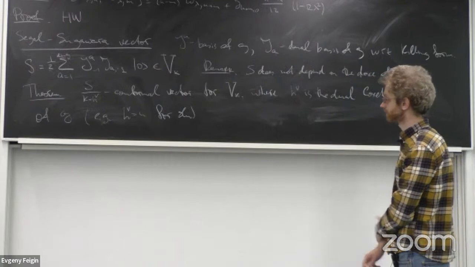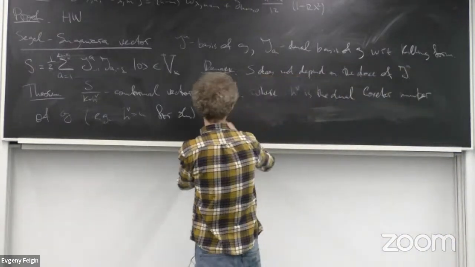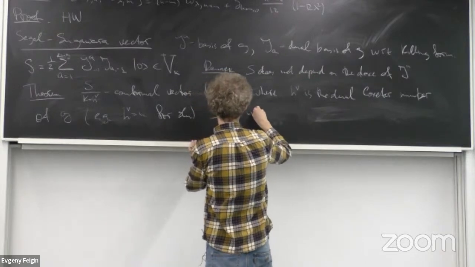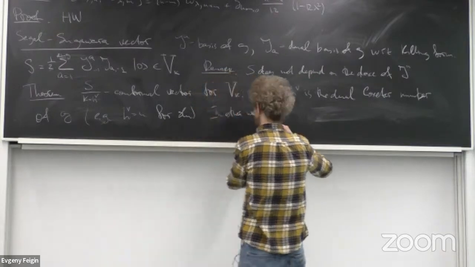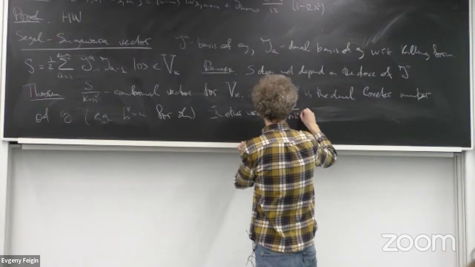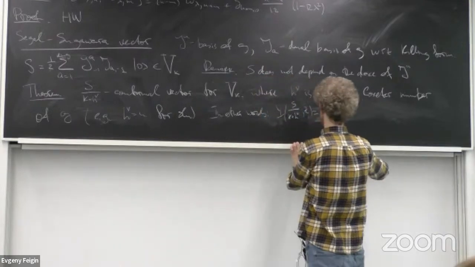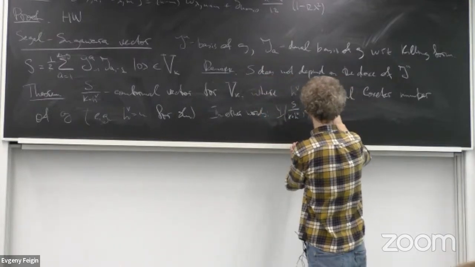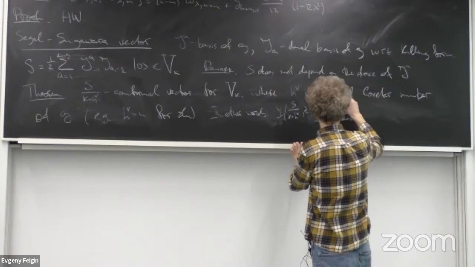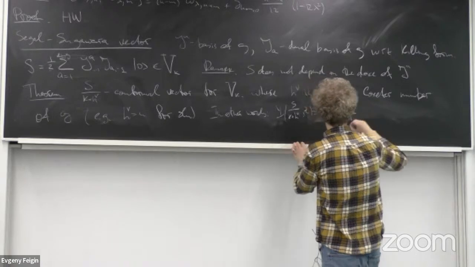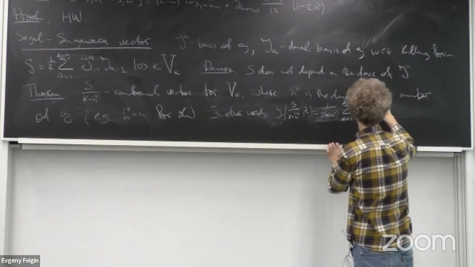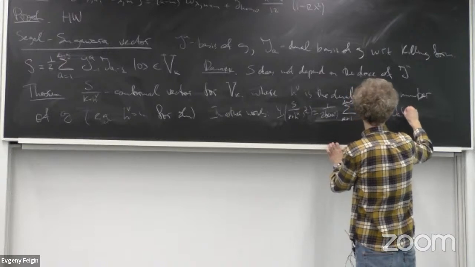So in other words, we can make it explicit. We say that Y of S over k plus h check, at z, is 1 over 2 times k plus h check, and then the sum a from 1 to dimension of g, where we put J^a(z) J_a(z).